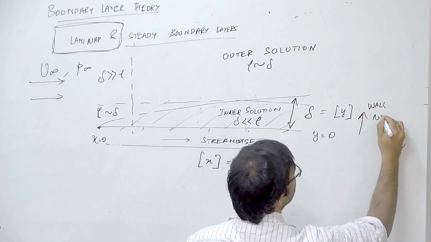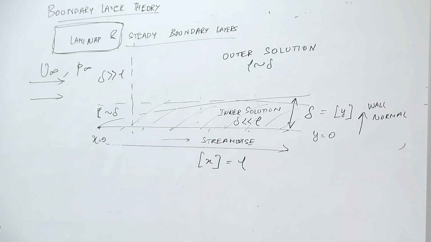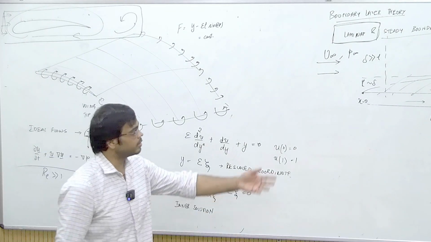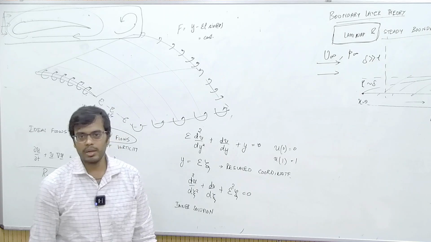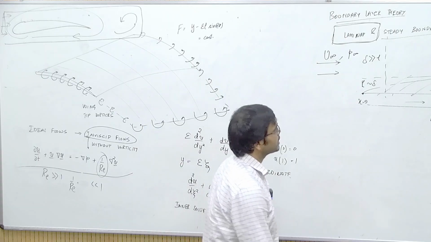This is how they are usually called, because boundary layer theory can be applied to curved walls as well. The x and y do not translate to curved walls, but streamwise and wall normal names will translate to curved wall cases as well.